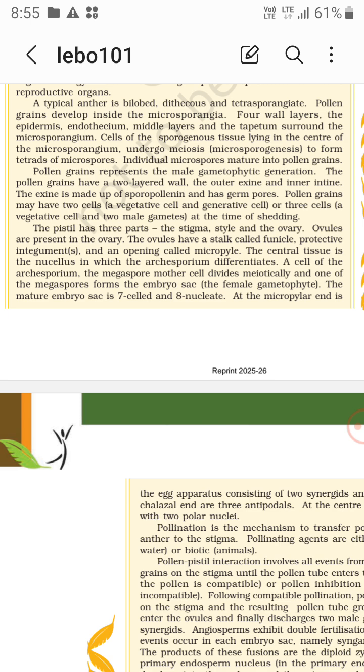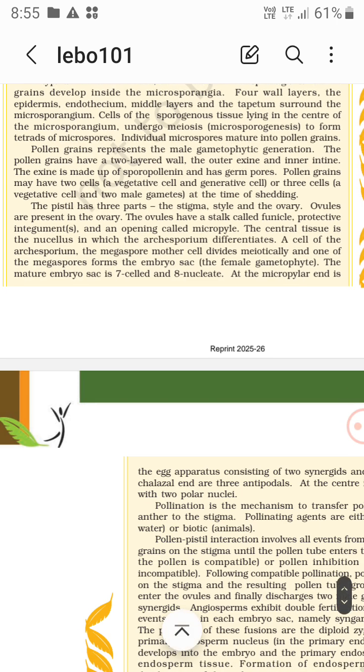A cell of the archesporium, the megaspore mother cell, divides meiotically, and one of the megaspores forms the embryo sac.